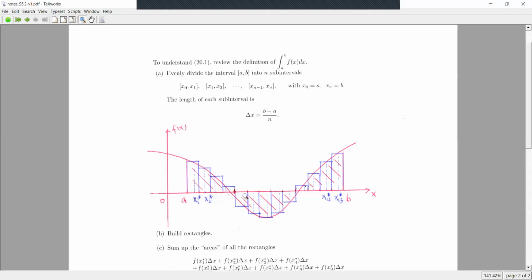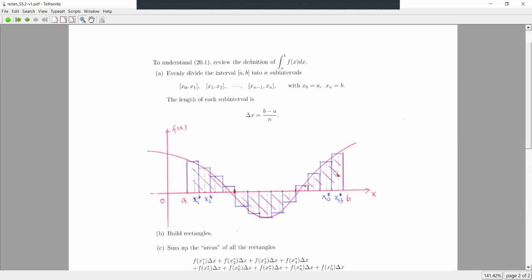Over the fifth subinterval, arbitrarily pick a point, then use the function value at the point to build a rectangle. This time, because the function value is negative, the fifth rectangle lies below the x-axis. The sixth rectangle also lies below the x-axis because the function value at the point here is negative, so the height is negative, so below the x-axis.